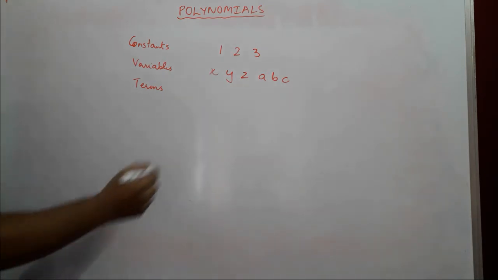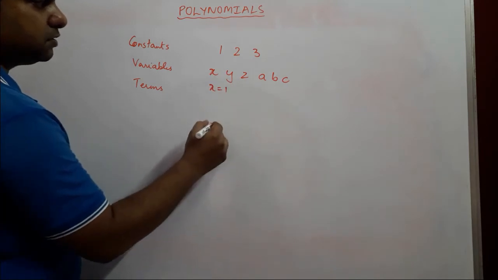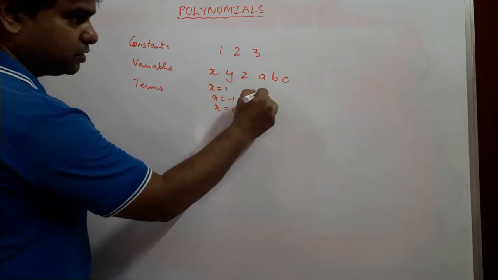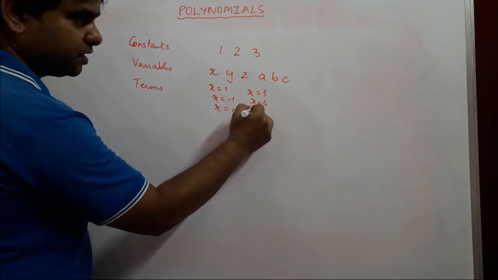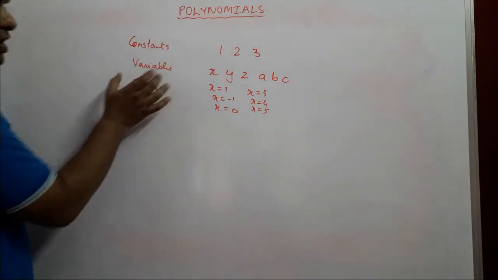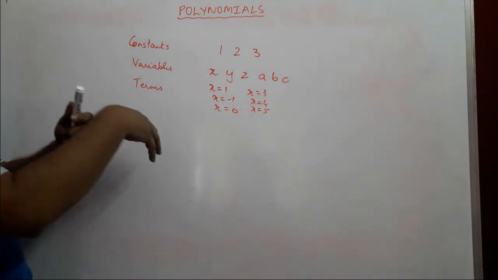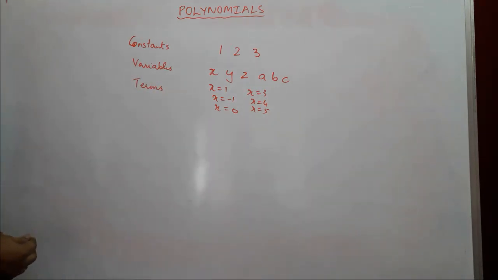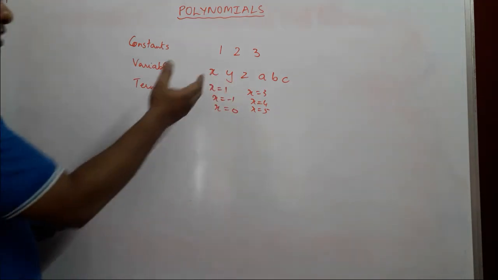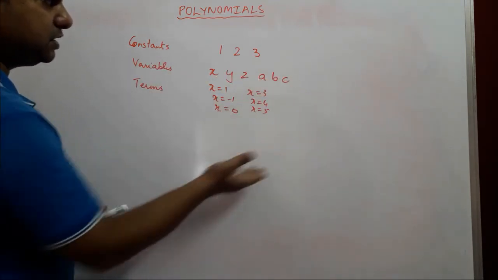In place of X, the value of X can be equal to 1, it can be equal to -1, it can be equal to 0, 2, 3, 4, 5. Not just with respect to polynomials, a variable denotes something that can keep changing as per the problem or as per what value you would like to take for that particular letter, whether it is for X or Y, Z, A, B or C.